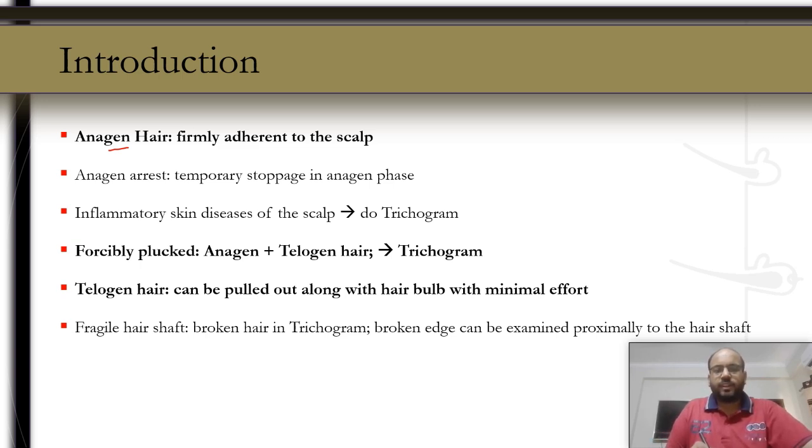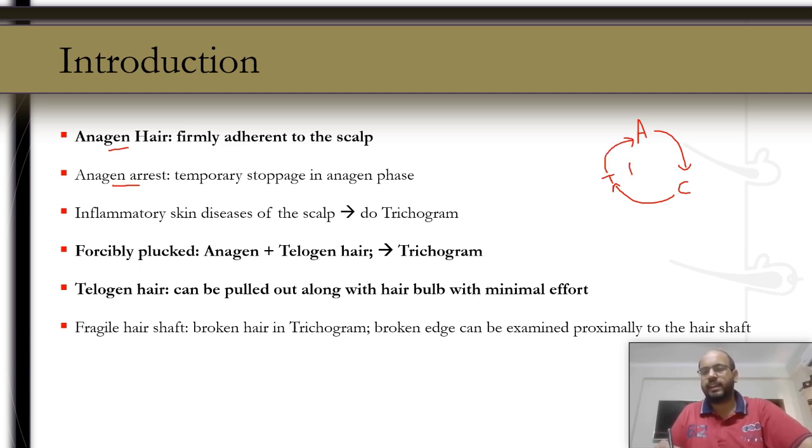In a process known as anagen arrest, there is a temporary stoppage in the anagen phase. We know that hair moves from the growing anagen phase to a somewhat resting catagen phase and then a telogen phase in which the hair shaft is expelled from the skin, and the remaining part, the hair bulb, will start the anagen cycle again.